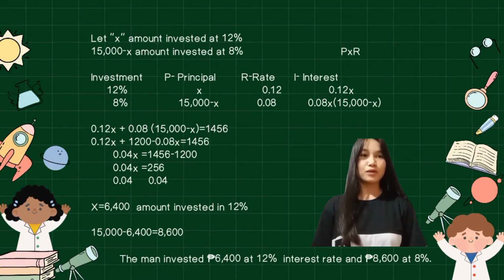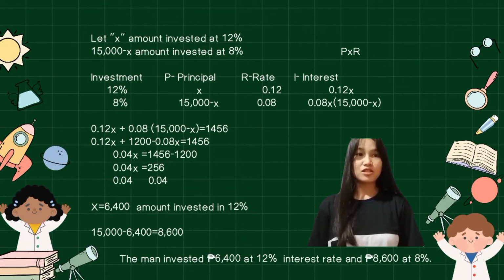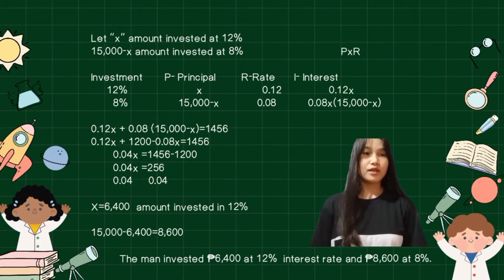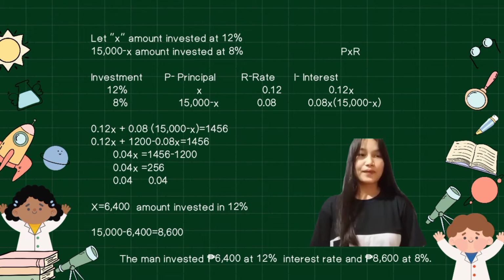We move two places to the left, and that's how we get 0.12. The same thing with 8%, we move two places, so we have 0.08. And then the interest, we multiply the principal and the rate. So x times 0.12 and (15,000 minus x) times 0.08.